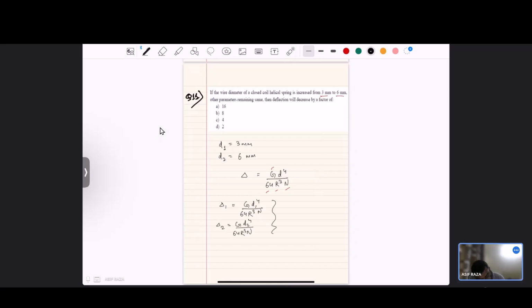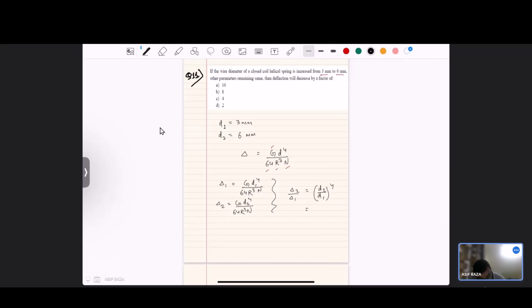Thus delta 2 by delta 1 is d2 by d1 to the power 4. This is equal to 6 by 3 to the power 4, that is 2 to the power 4, that will be 16.